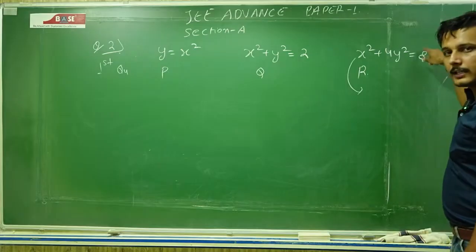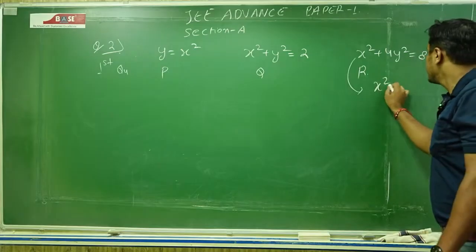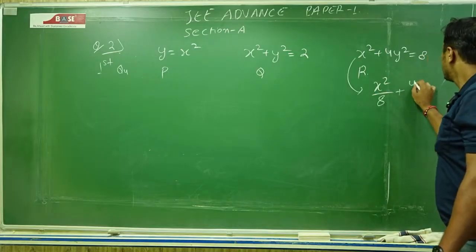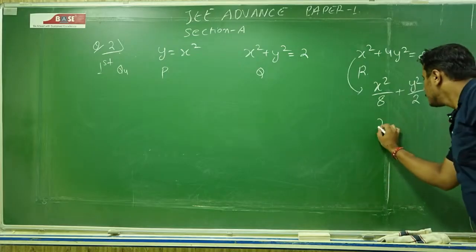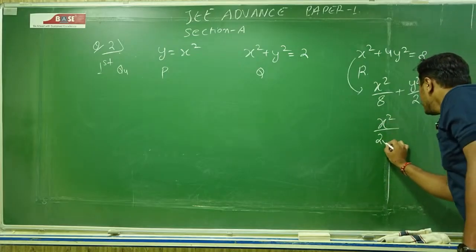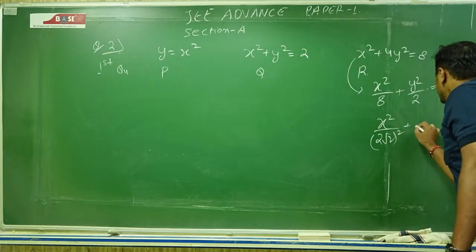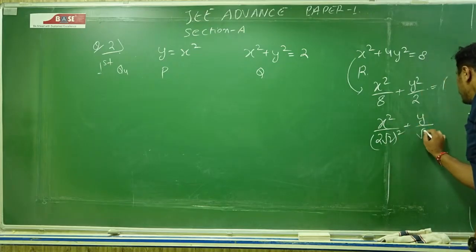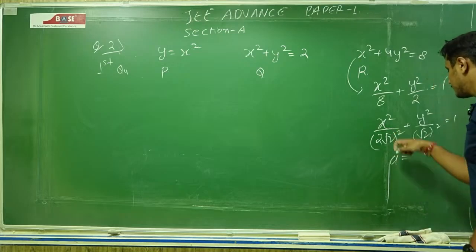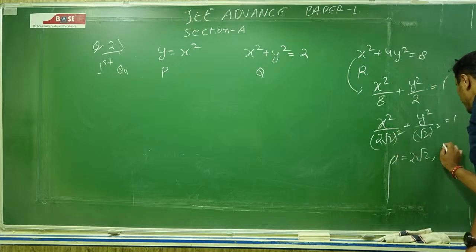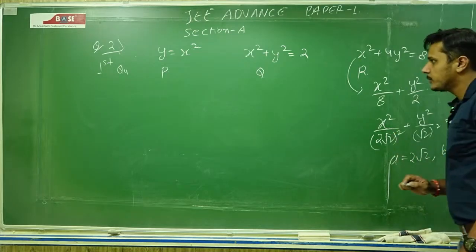On the right I have to make 1, so divide by 8. So x square upon (2 root 2) whole square plus y square upon (root 2) square. So a for this ellipse is 2 root 2 and b value is root 2.